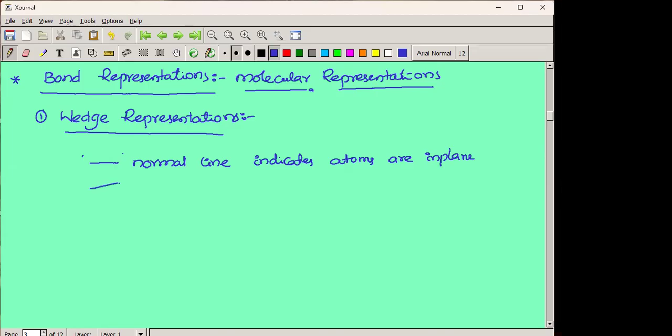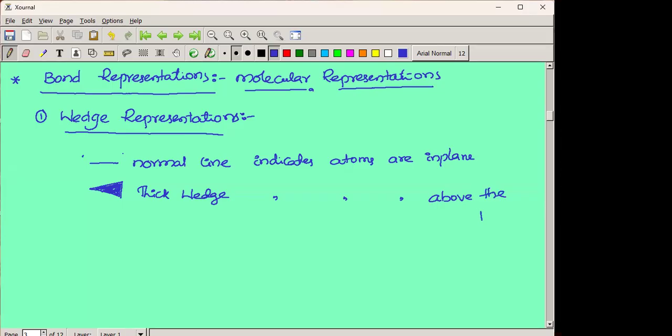If a bond is represented with a thick wedge, that indicates the atoms are present above the plane.